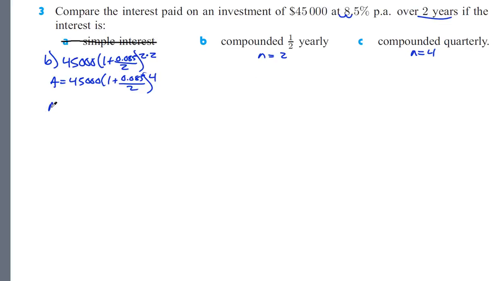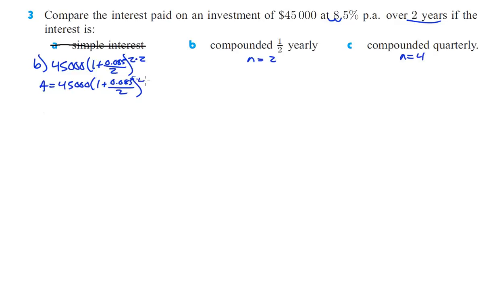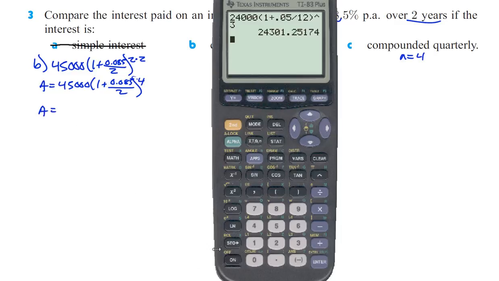So, oops. Oh man, messed that up. There we go. So, we've got in our calculator, we're going to do 45,000.